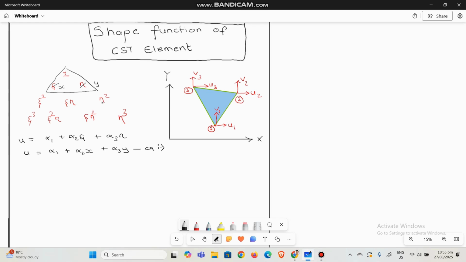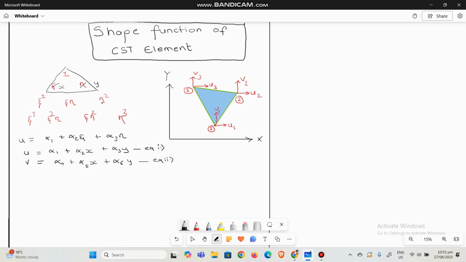Similarly, u is the displacement in x coordinate. For the y coordinate, we do v equals alpha 4 plus alpha 5 times x plus alpha 6 times y. This is our equation 2 for 2 degrees of freedom.